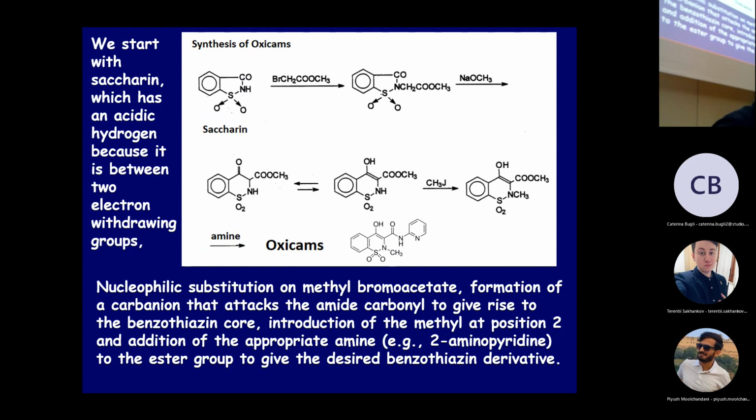So with a strong base, we can take the proton away, we can have a minus charge here, and then nucleophilic attack to this derivative of acetic acid, a bromine ester of acetic acid.